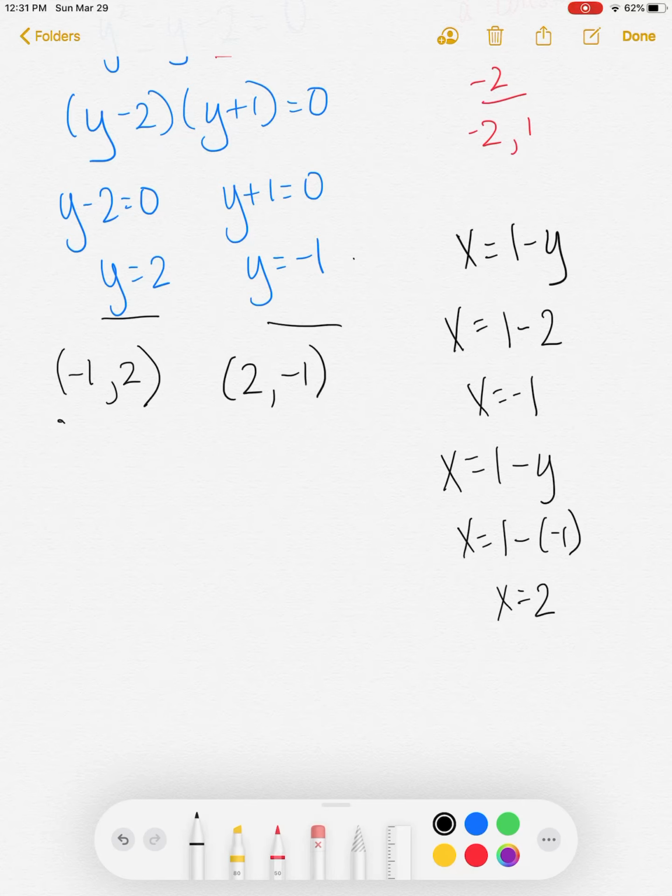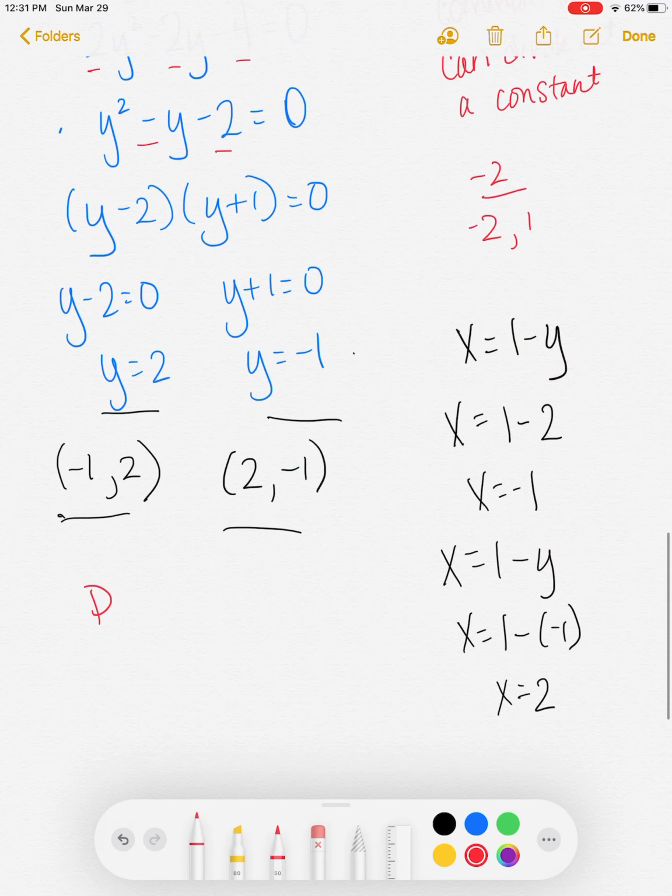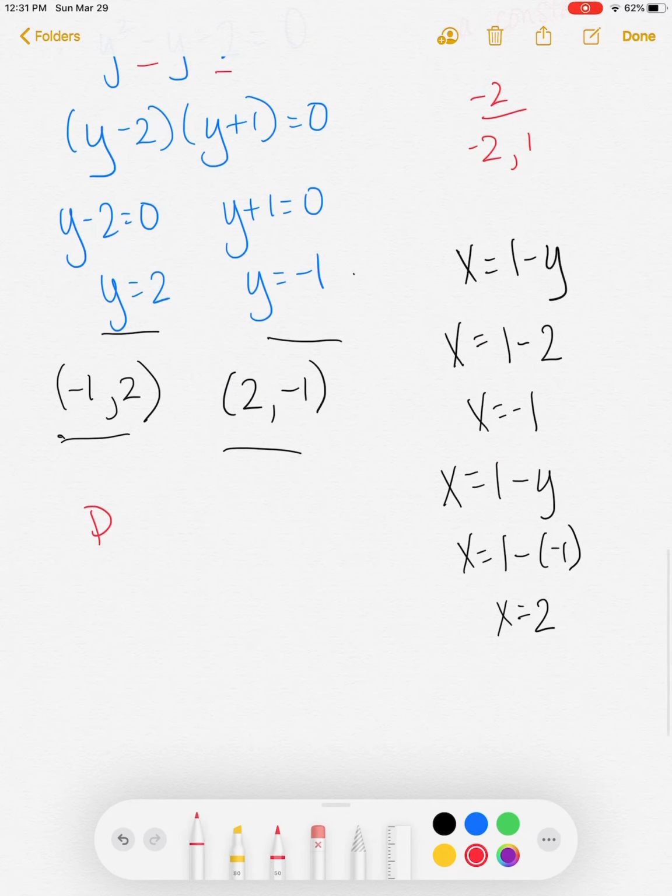And we didn't really talk about this, but what this means is when I graph these two, these are the points of intersection. That's where these 2 equations, these 2 functions, well, actually a circle is not a function, but this is where the 2 graphs will intersect.